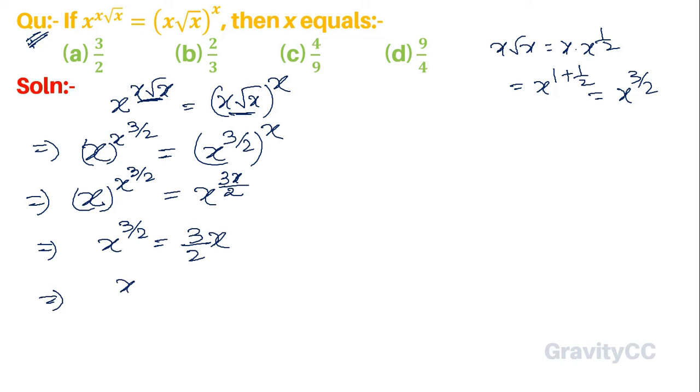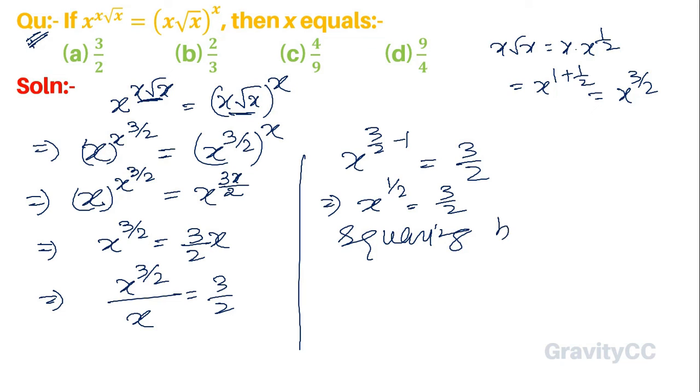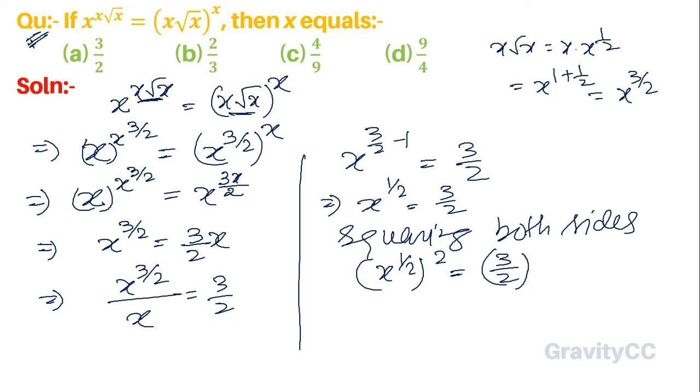Now what will we do? We bring this x to the left side, so it will be 3 upon 2. So x to the power 3 by 2 minus 1 is equal to 3 upon 2. So x to the power 1 upon 2 is equal to 3 upon 2. Now squaring both sides, we get x to the power 1 upon 2 whole squared equal to 3 upon 2 to the power 2.